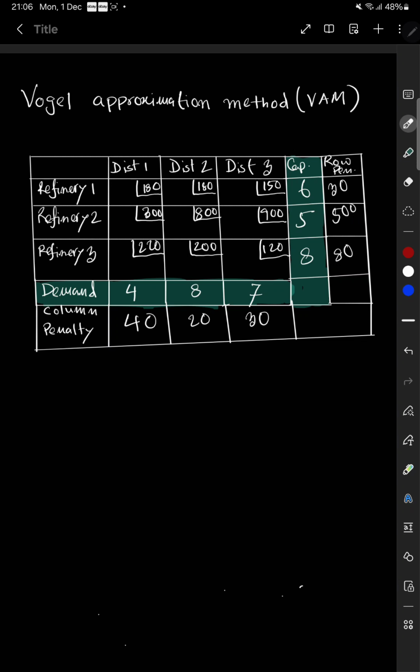Okay, now in row 2 we will choose the smallest value inside that row. So what is the smallest value inside the row? 300, 800, 900. 300 is the smallest value. Now in that 300 we will provide as much as possible.